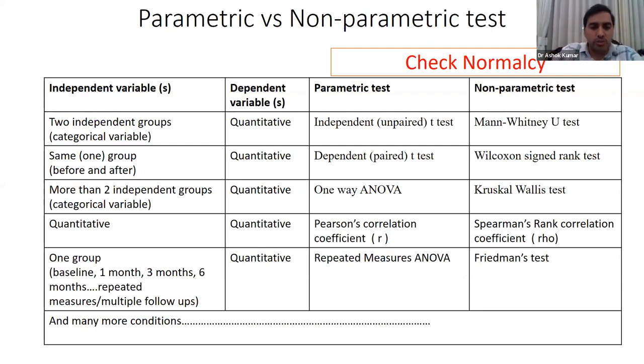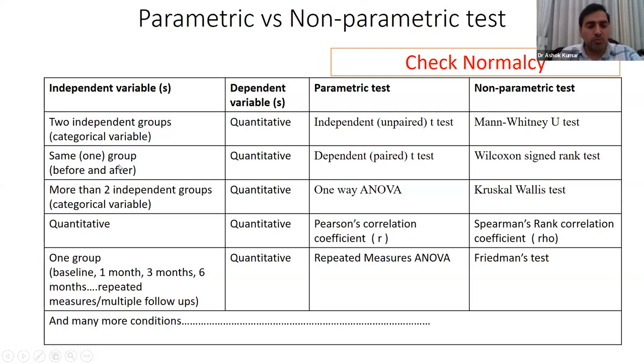If there are two categories in the categorical variable, like male, female, intervention and control group, or dead and alive group, whatever, there are two independent groups, and if our dependent variable is quantitative, for example age, score, or hemoglobin, and that quantitative variable is normally distributed, we should go for parametric test, that is the independent or unpaired t-test. If it is not, then we have to go for Mann-Whitney U test.